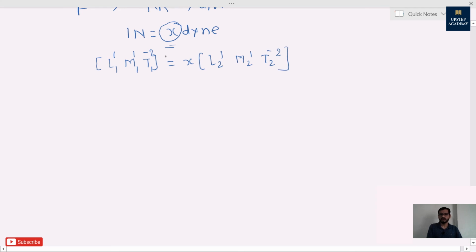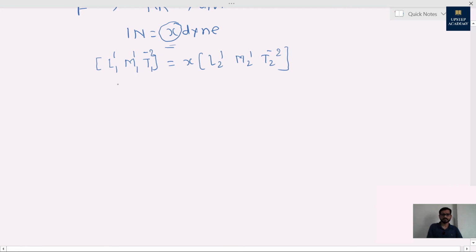We already have seen dimensions of force are L raised to 1, M raised to 1 and T raised to minus 2. I am just keeping these suffixes 1 for left hand side and 2 for right hand side for CGS unit.